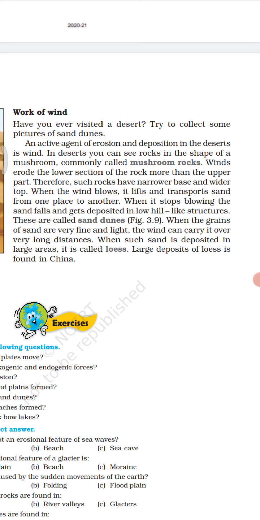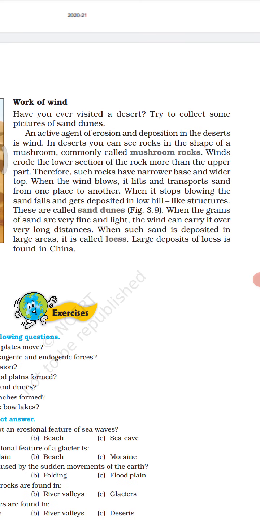When it stops blowing, the sand falls and gets deposited in low hill-like structures. These are called sand dunes. So in simple words, you can say these are hill-like structures of sand. What are sand dunes? Hill-like structures of sand.